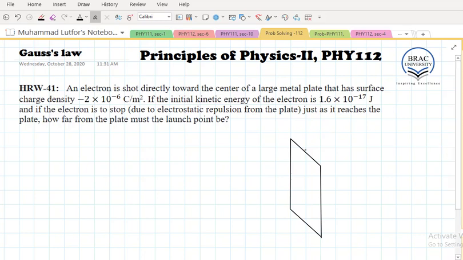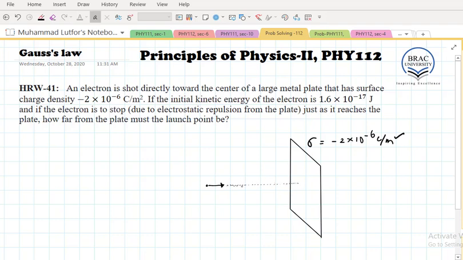Say this is the plate which has a surface charge density. We can write this surface charge density as sigma, which is given as minus 2 into 10 to the minus 6 coulomb per meter squared. An electron is launched from here with the initial kinetic energy towards the center of this plate, toward that direction.